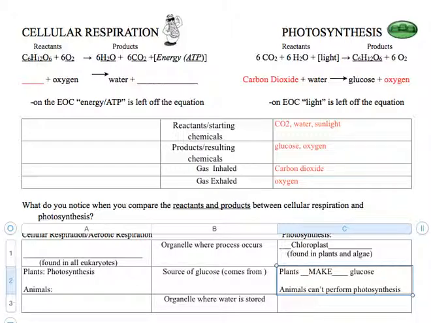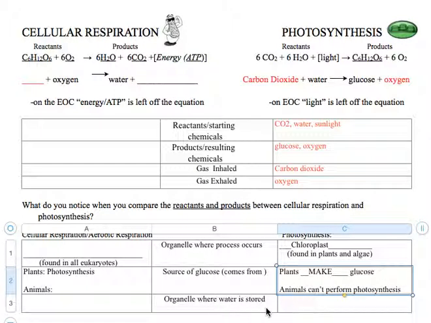So the word make goes in that blank. I've also mentioned that animals can't perform photosynthesis. If we were, we would be green, and we are not. So we cannot do photosynthesis. So plants make their own glucose through the process of photosynthesis.